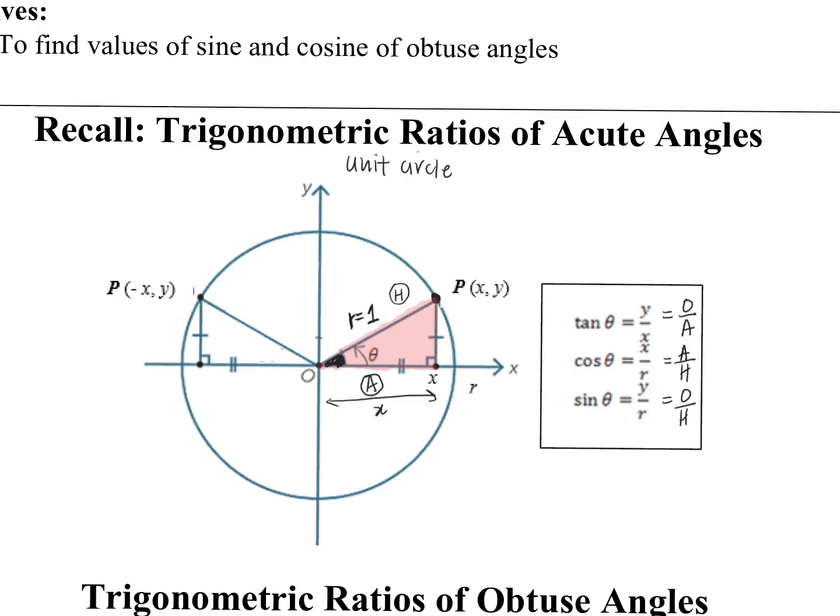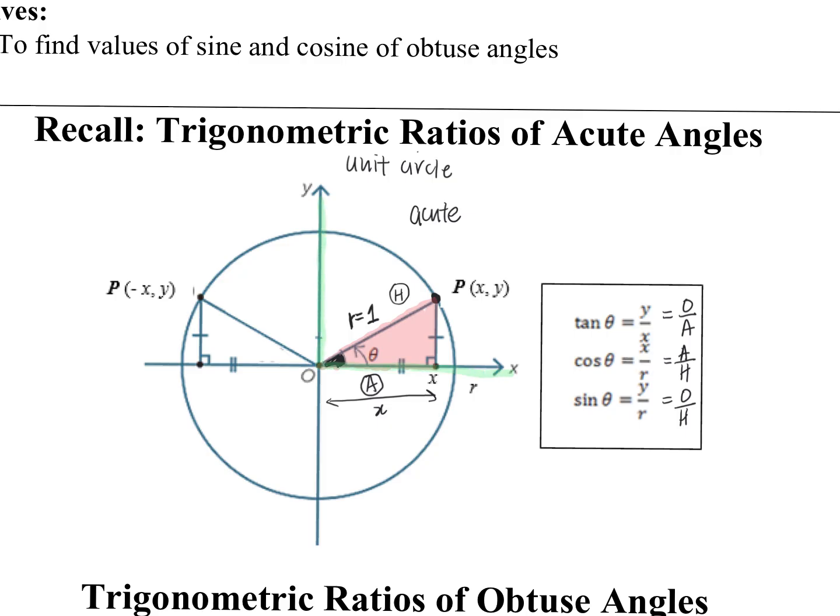Okay, imagine this dot can be anywhere on the circle. So far we have learned acute, which means it stays within the first quadrant here.